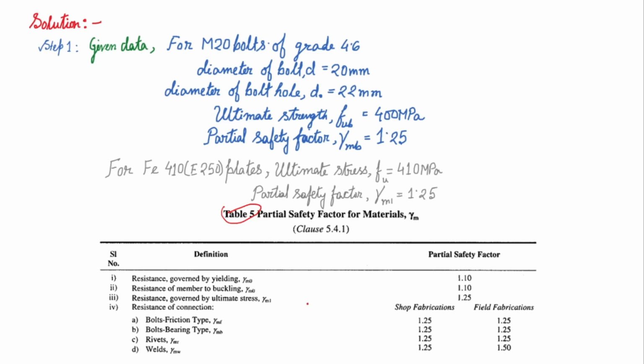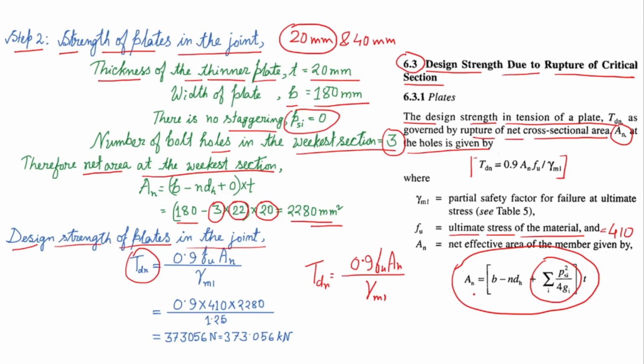So what is the value of gamma M1? It is 1.25. Then AN, we have calculated as 2280. So if you put the values of FU, AN and gamma M1, we will get finally 373.056 kilonewton. So design strength of plates in the joint will be 373.056 kilonewton.